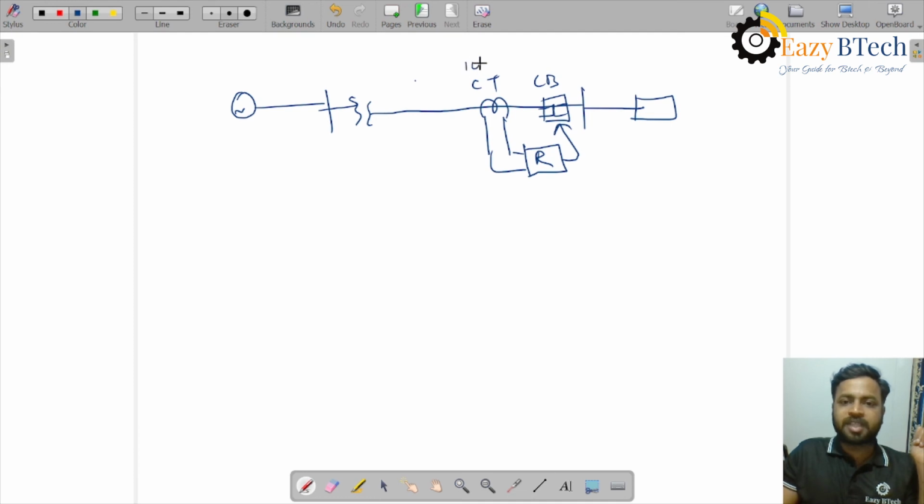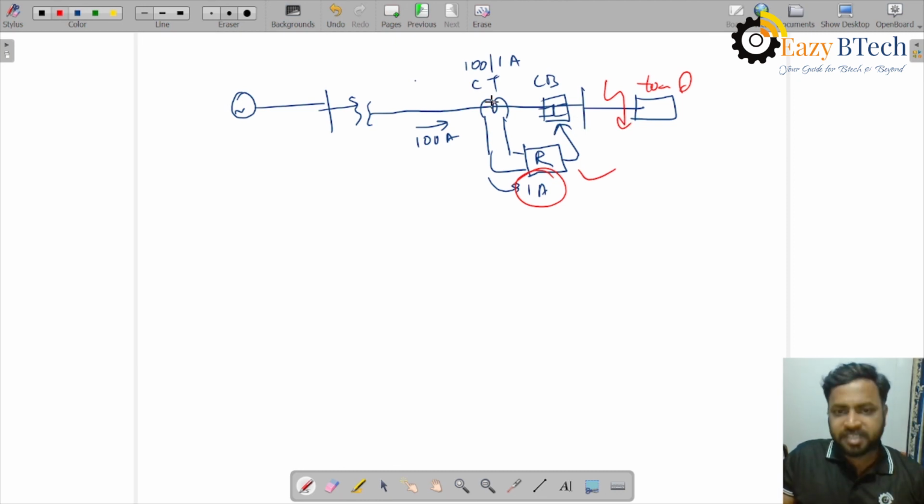Let us suppose it is a 100 by 1 ampere CT. In the sense, if 100 amperes is flowing in the line, 1 ampere will flow in the relay. So this relay rating will be low here. If we connect the same relay directly to the system, then the relay rating should be very high, so that it should be able to tolerate the normal load current as well as the fault current.